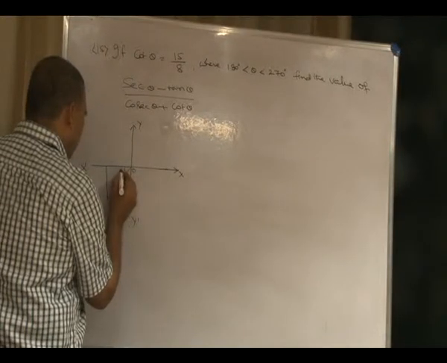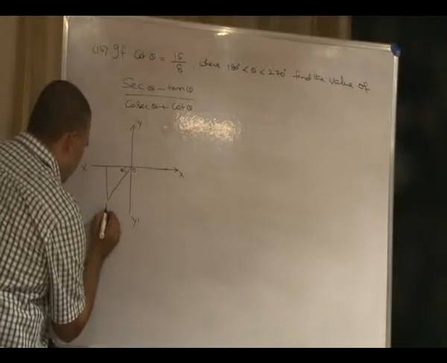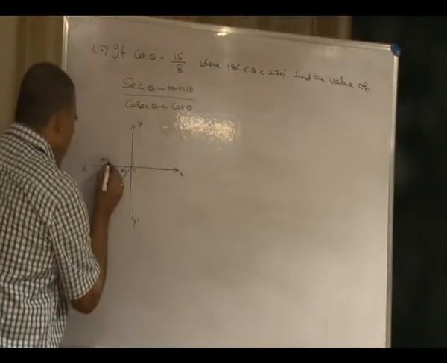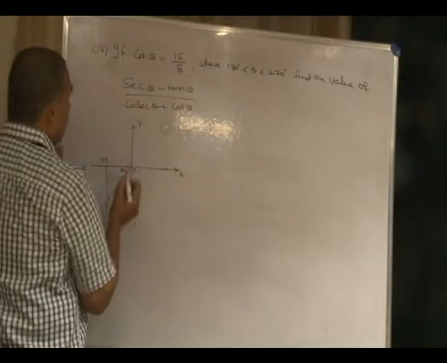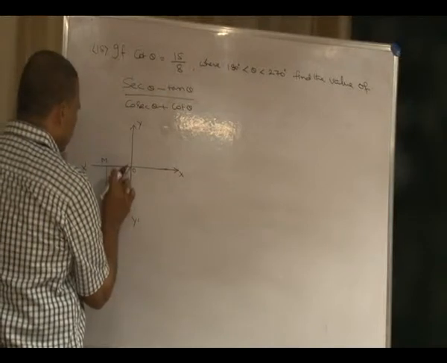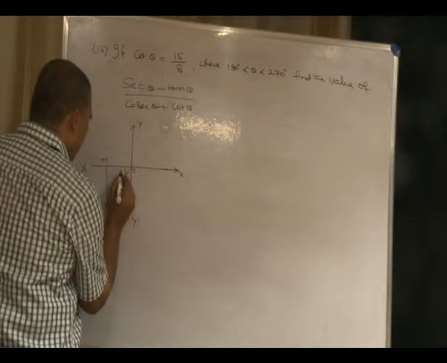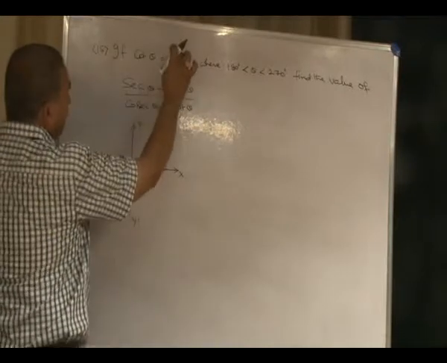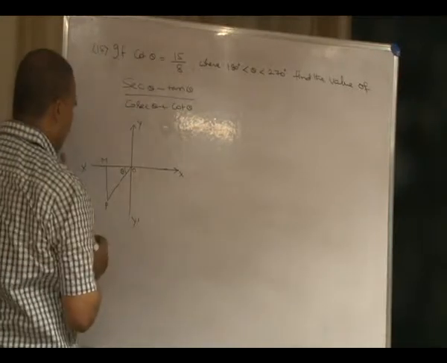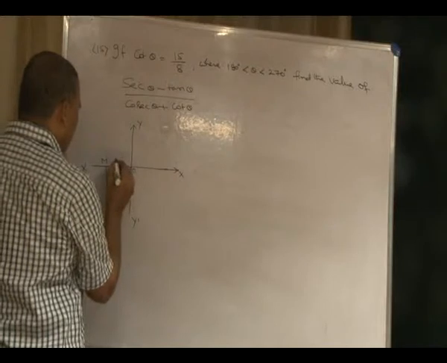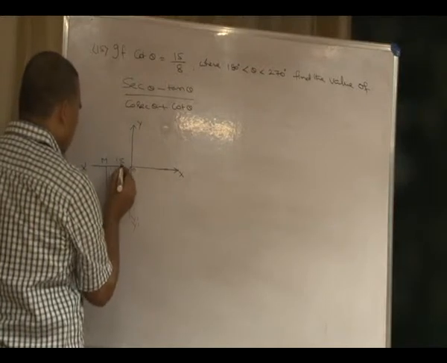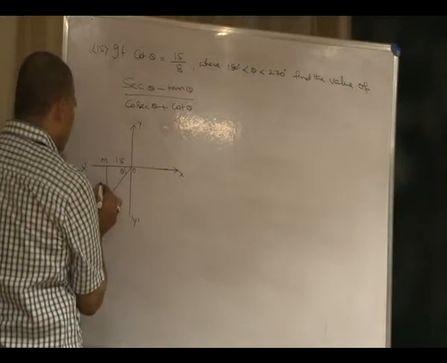This one is theta, P M. Cot theta equal to adjacent side by opposite side. Adjacent side is 15, opposite side is 8.